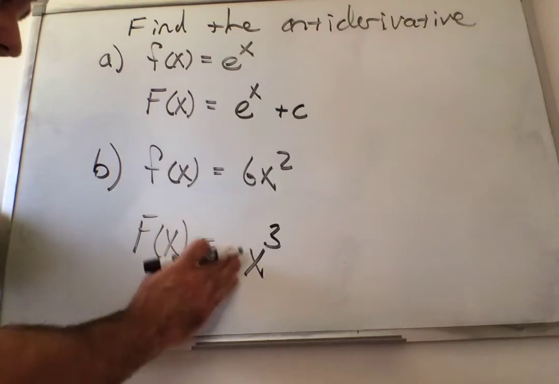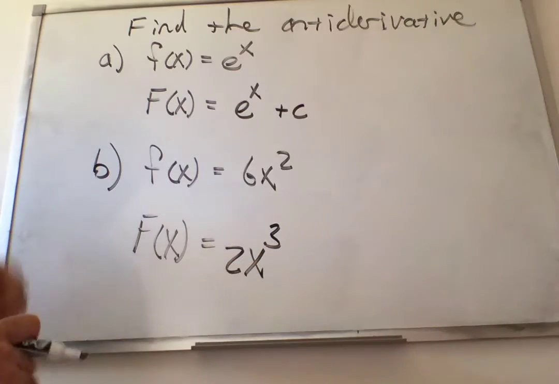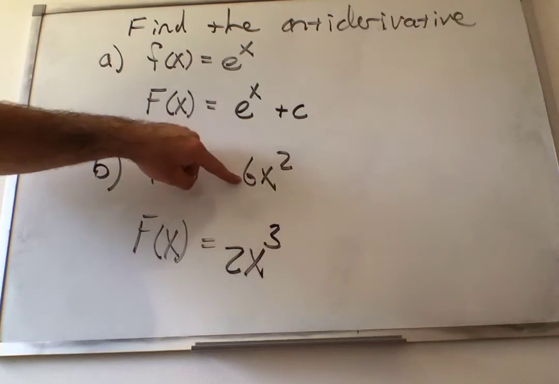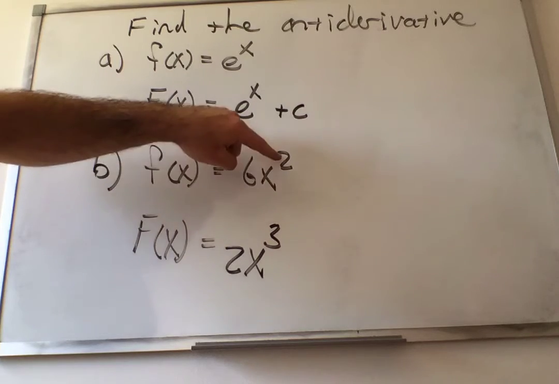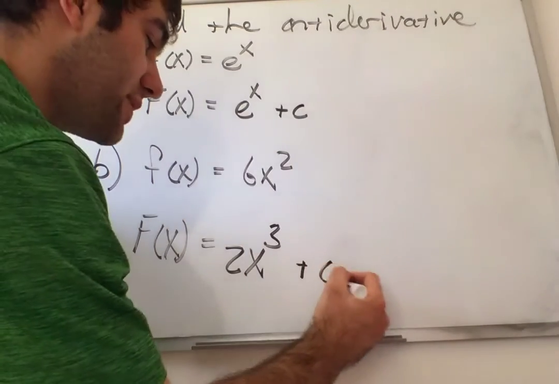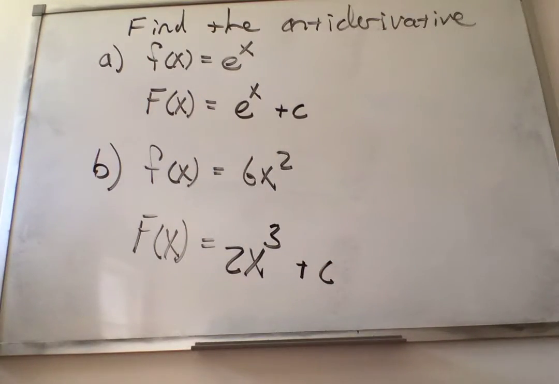It'd be a 2 out there. So now, 3 times 2 is 6, and then I drop 1 power, I get x squared. And then don't forget your plus c. So all I did was go backwards in the power rule. We're going to talk more about that in a little bit more generally, give you a better idea of what you're doing, an easier way of thinking about it.